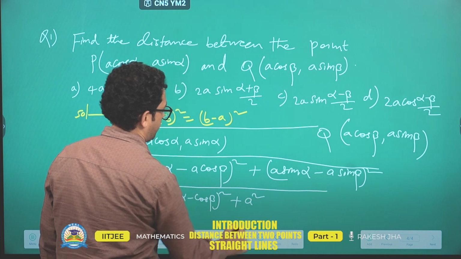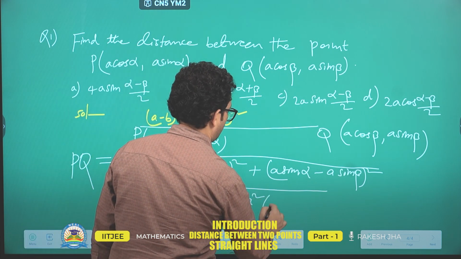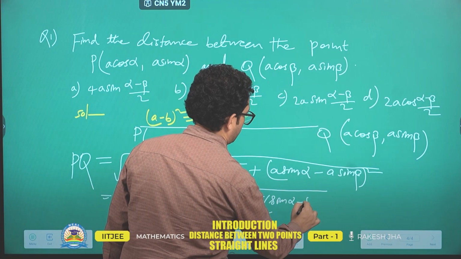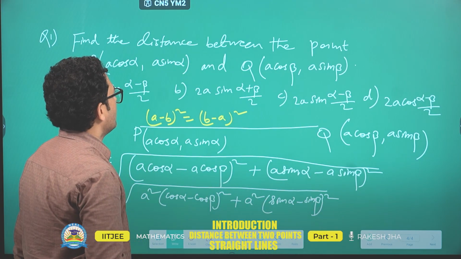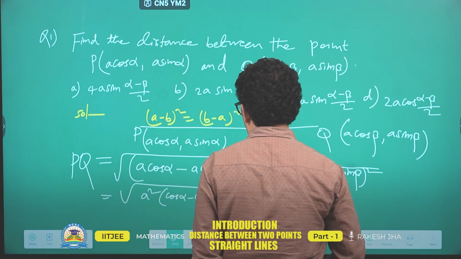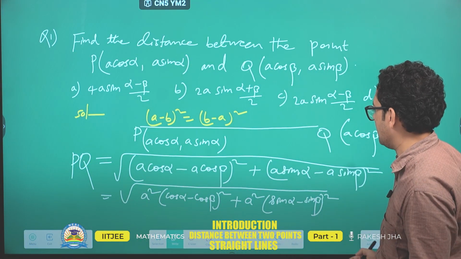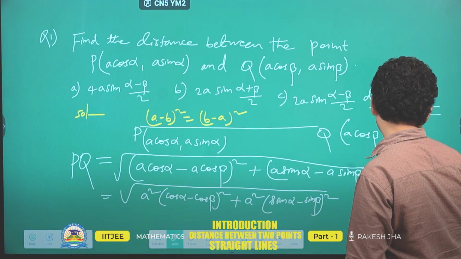Again a square is taken common, so it would be sin alpha minus sin beta whole square. Here we are going to use the property of cos alpha minus cos beta and also sin alpha minus sin beta. So let's see here.